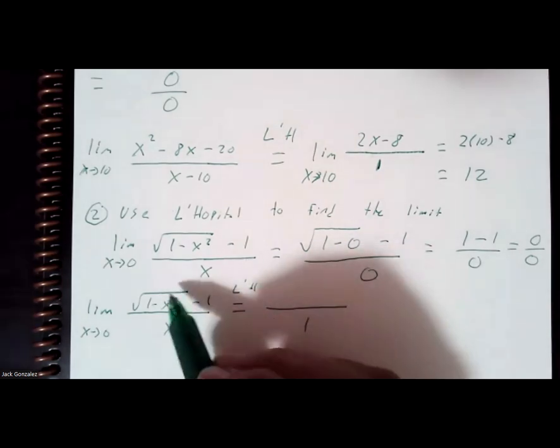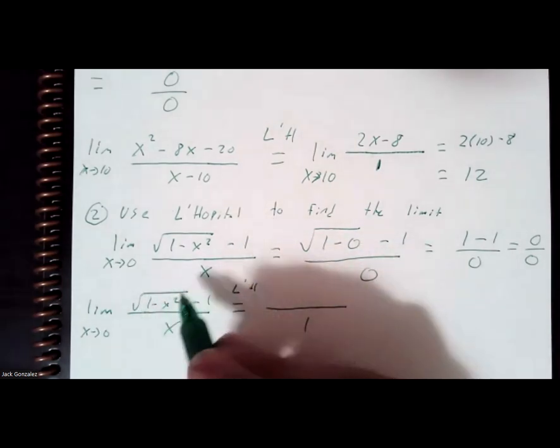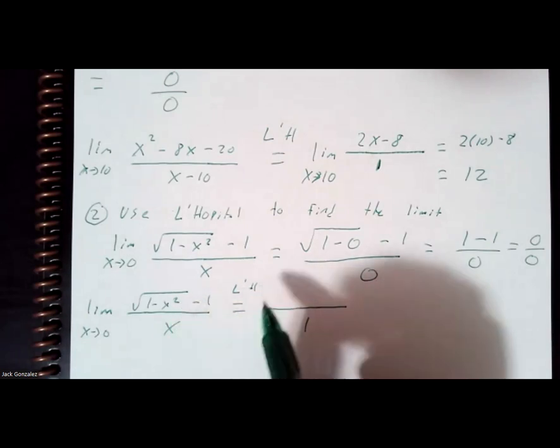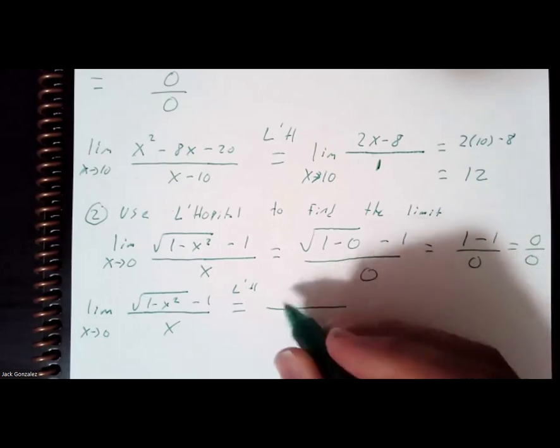You see how the outer function is a square root and the inner function is 1 minus x squared.